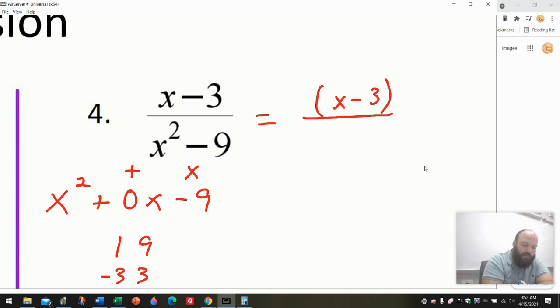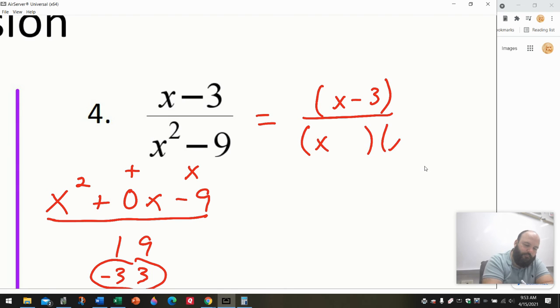Well, the only solution then is negative 3 and positive 3. So you can see these are the 2 numbers that this quadratic trinomial would factor into. So remember, we write our variable first. We draw 2 sets of parentheses, and then we put our 2 factors in, minus 3 and then plus 3.